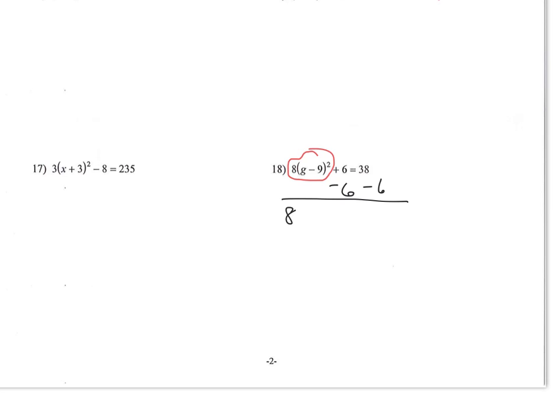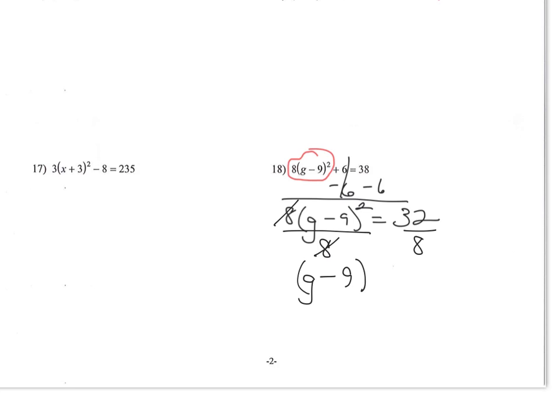I'm left with 8 times the quantity g minus 9 squared, and on the right-hand side a 32. Now we need to get that factor that's being squared completely isolated. So we're going to divide through by 8, leaving just that quantity of g minus 9 squared on the left and simplifying this right-hand side to 4.